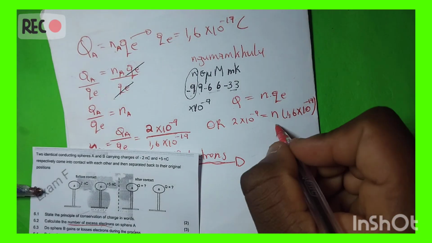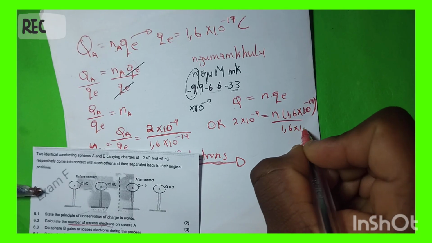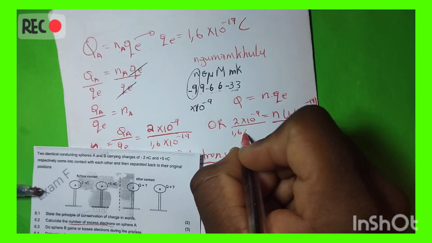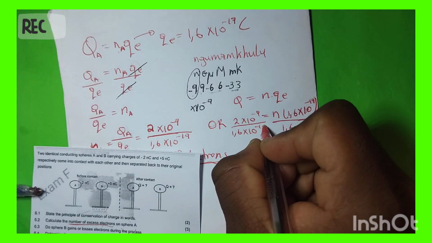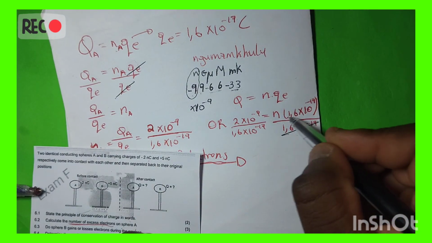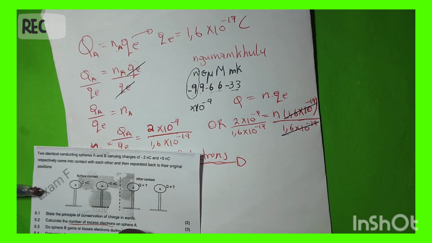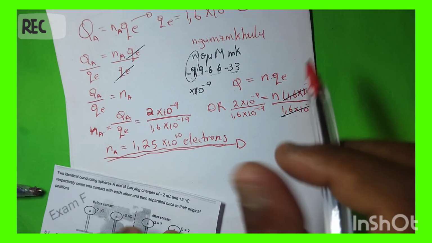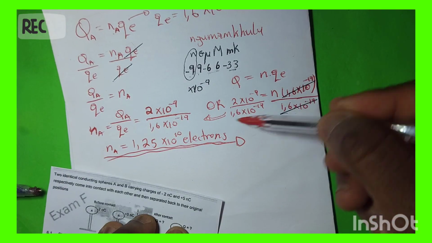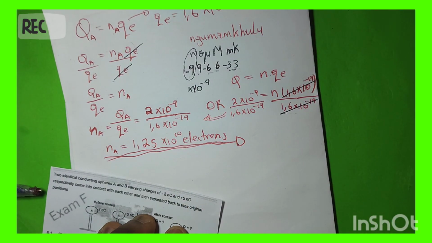Now you can divide both sides by that thing, so that it cancels, and the equation will still become like that. You'll press that on a calculator to get your final answer.